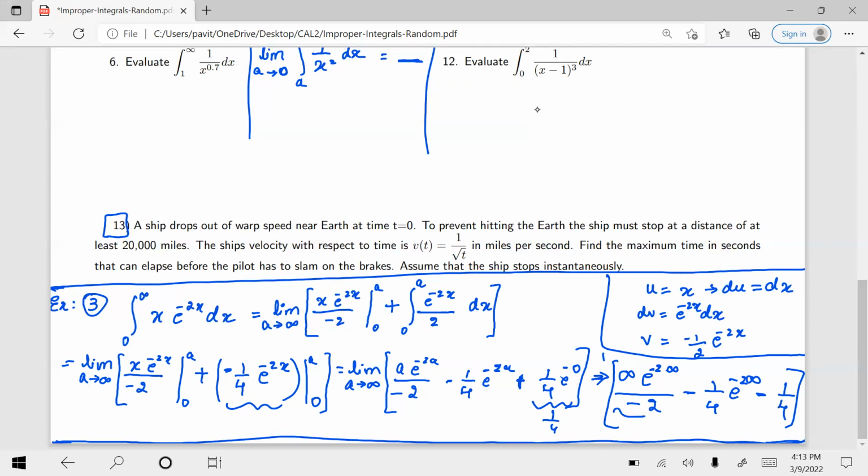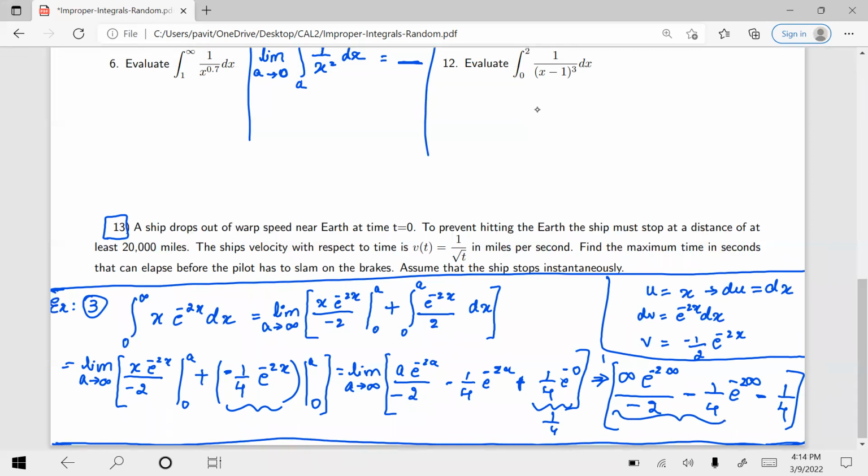Now, the problem is, how do you solve this? It is infinity e minus 2 infinity divided by 2 minus 2, minus 1 over 4 e to the power of minus 2 infinity plus 1 by 4 plus 1 by 4.